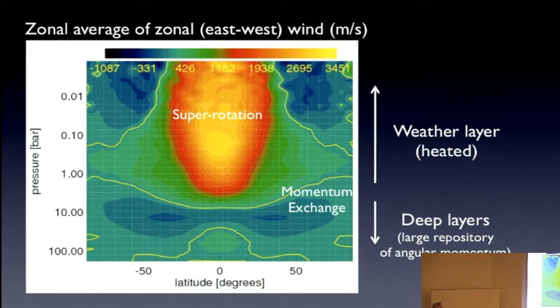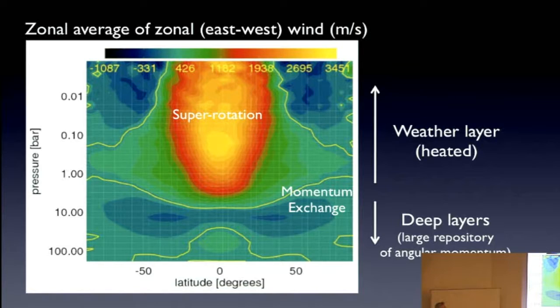Again, there's the weather layer, which is actively forced by solar insolation, and these deep layers that are not being forced. Even though they're passive, they might play a significant role in what's happening.